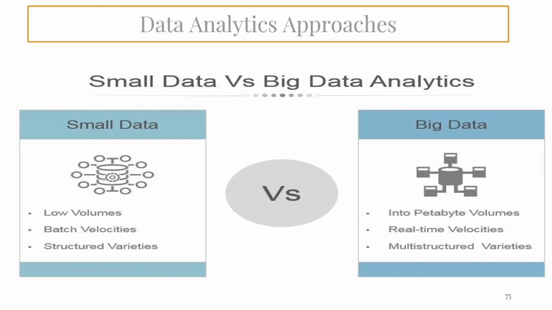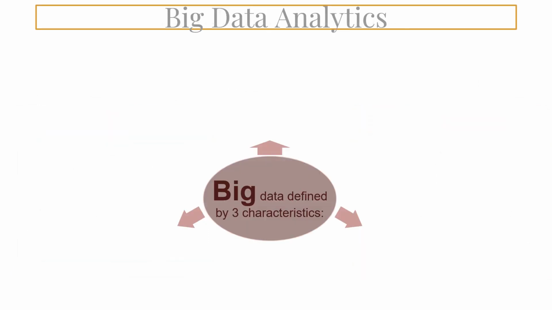Small data has structured variety, whereas big data has multi-structured variety. Let's explain these three main characteristic differences between big data and small data.